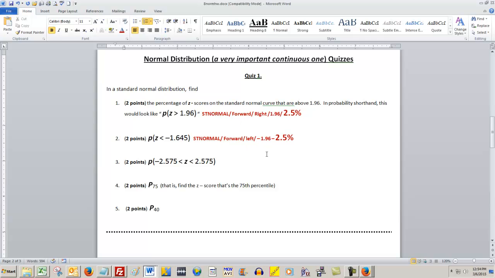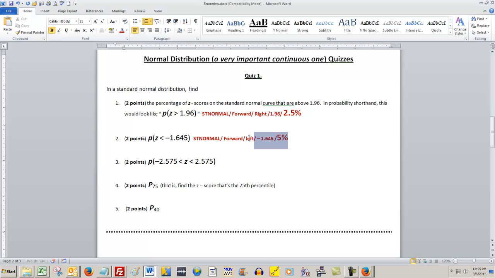The left bound we're going to put in is negative 1.645, and this will actually be 5%. You'll learn in 244, those of you going down that road with me or with Donna, that the 1.645 standard deviations is approximately 90% of the data. So you got 5% on the left and 5% on the right.